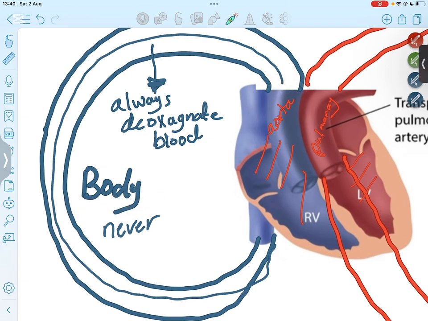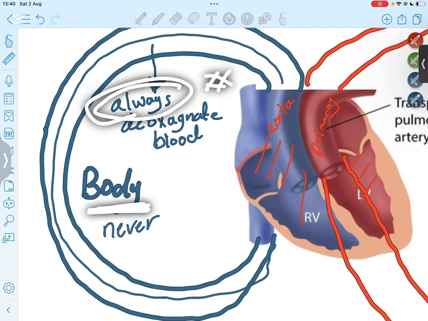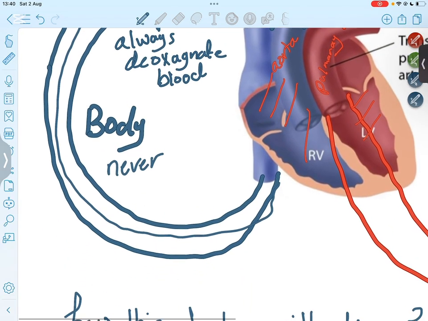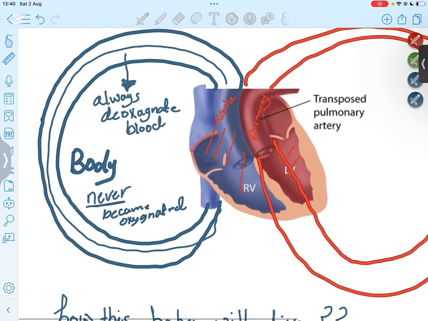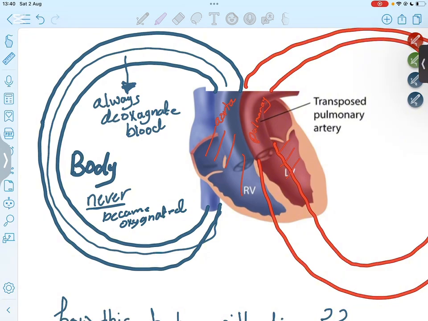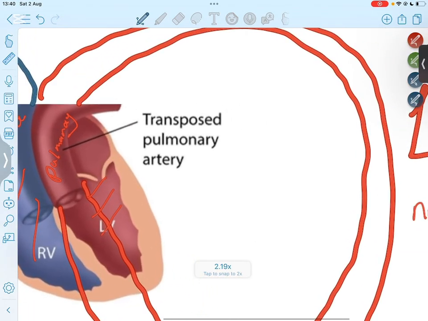So if we take any sample from the body, it will always be deoxygenated blood, and it will never become oxygenated. Why? Because it will never go to the lung. So in the body, where the aorta pumps blood, it will always be deoxygenated.